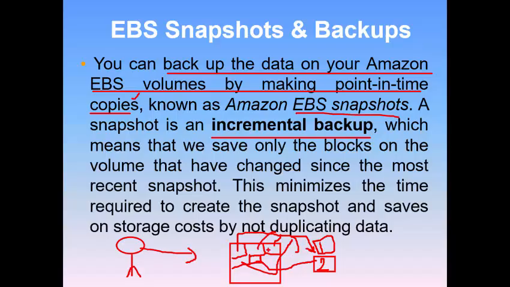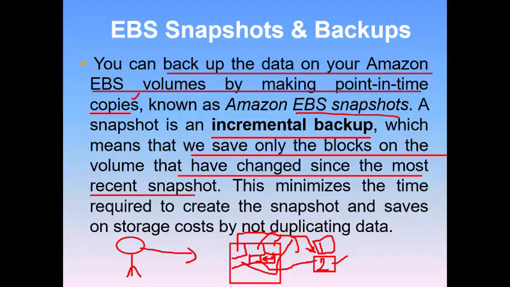Got the point? The first time you take the snapshot, it will take the full backup. Once the full backup is done, after that you take the incremental backup, which means we save only the blocks on the volume that have changed since the most recent snapshot. You have taken snapshot 2. After that, for the next snapshot, there are some more changes, so it only takes the changed blocks, not the entire volume.